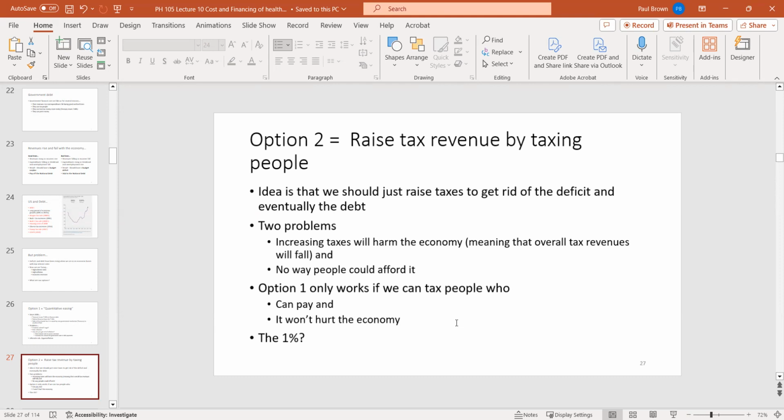So part of the problem, if you try to just raise taxes right now, is that you worry there'll be an economic downturn, especially if you tax regular middle-class people, because then they don't have as much money to buy things, and that causes your economy to go down.